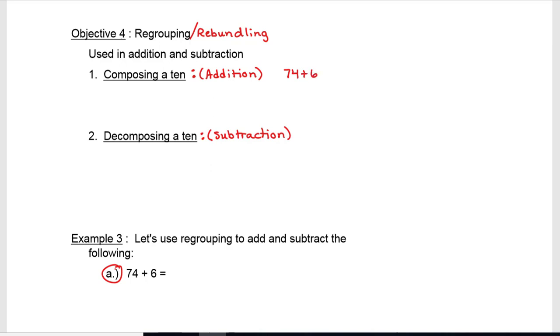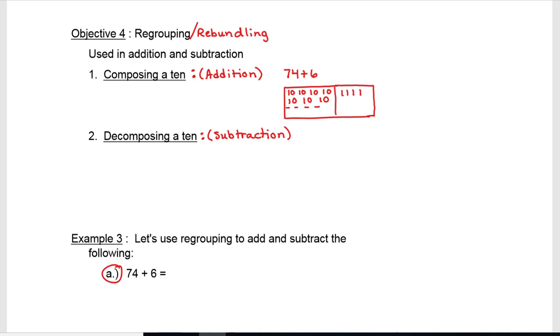So if we do the chip model quick, 1, 2, 3, 4, 5, 6, and 7. 1, 2, 3, 4.